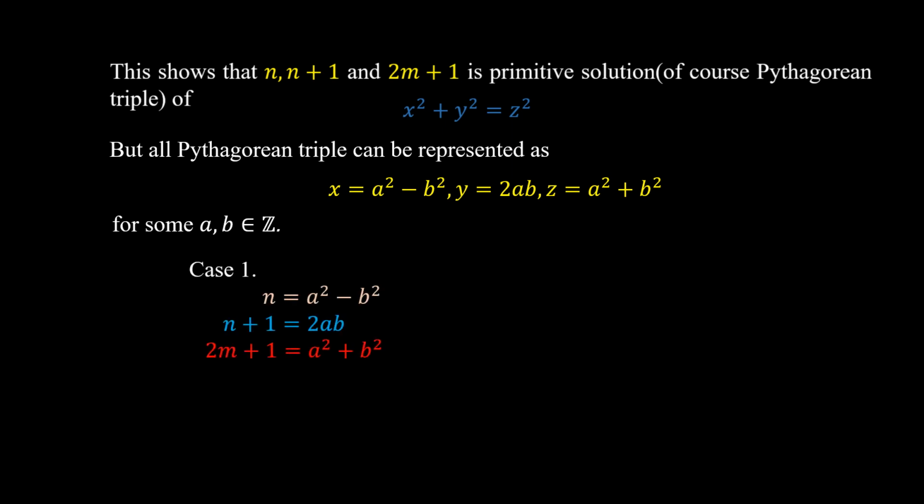The first case is n equals a squared minus b squared, n plus 1 equals ab, and 2m plus 1 equals a squared plus b squared. Since the values of n and n plus 1 might be reversed, the second case is n equals ab, n plus 1 equals a squared minus b squared, and 2m plus 1 equals a squared plus b squared.